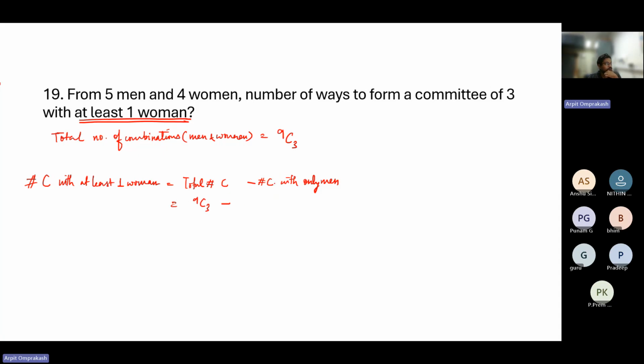And the total number of committees with only men would be, since you have 5 men, 5C3. Right. So all the committee members are men.